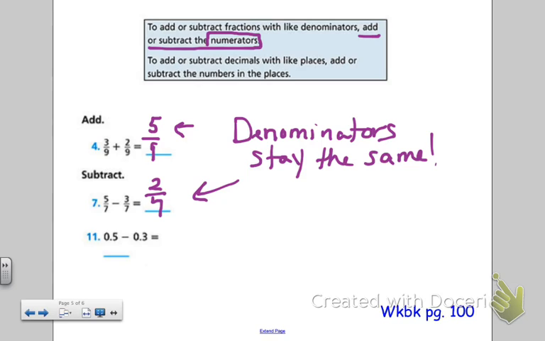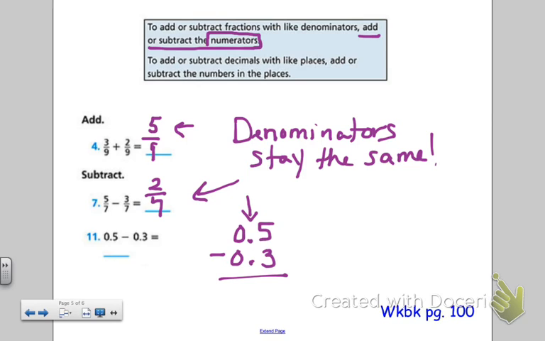Now, to add or subtract decimals with like places, add or subtract the numbers in the places. Line up your decimal points. That's so important. Make sure that the decimal points, one is on top of the other. And that way, that'll help that all of your other numbers are going to be lined up in the same place. We have zeros in the ones place, we have a 5 and a 3 in the tenths place, so everything's lined up nice and neat.